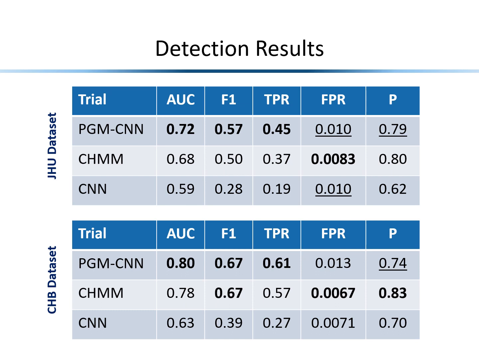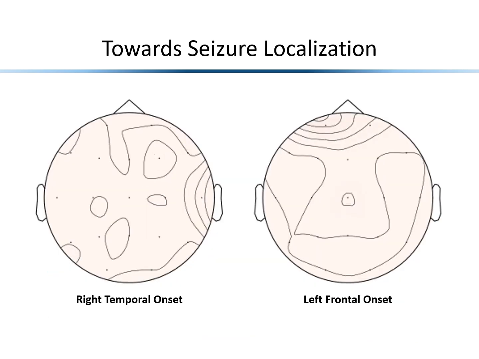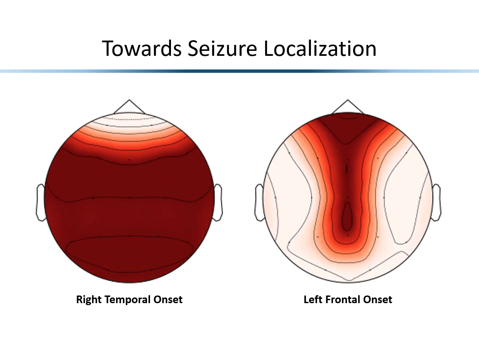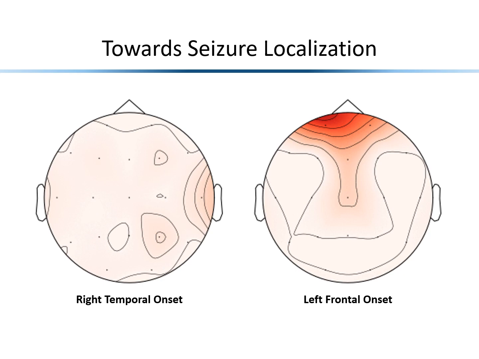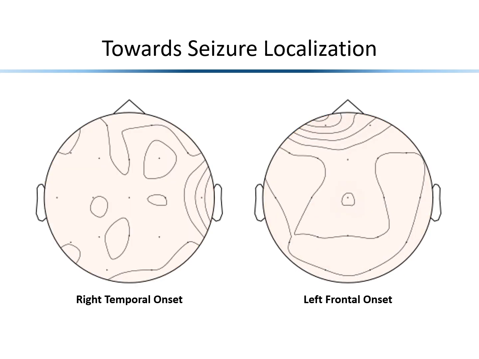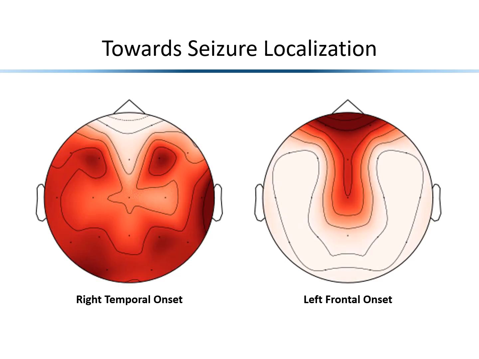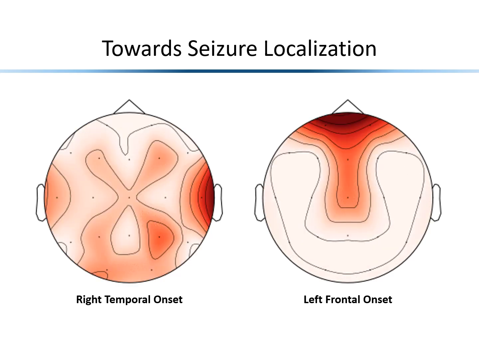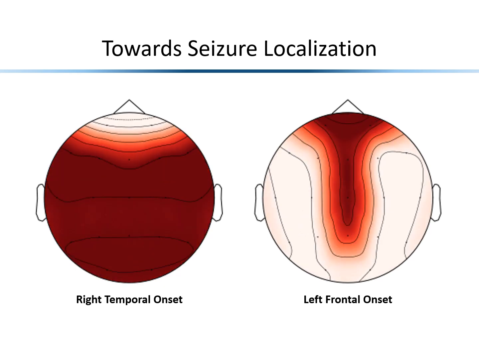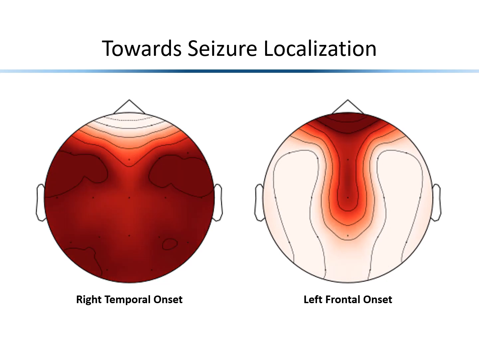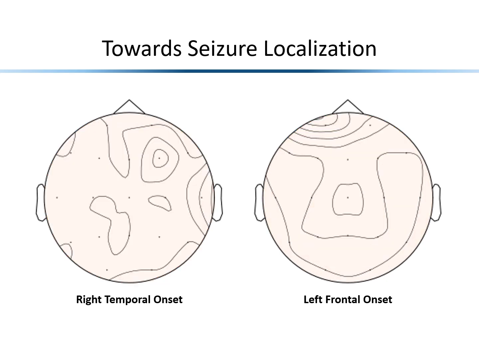Beyond this detection performance, one really interesting and nice property of our model is that because we're tracking this spatial propagation, it gives us a glimpse at what we can do for localization. What I've shown here are two seizure recordings for two different patients. One is a right temporal seizure, the other is a left frontal seizure. The red areas correspond to the posterior of our combined hybrid model over time.